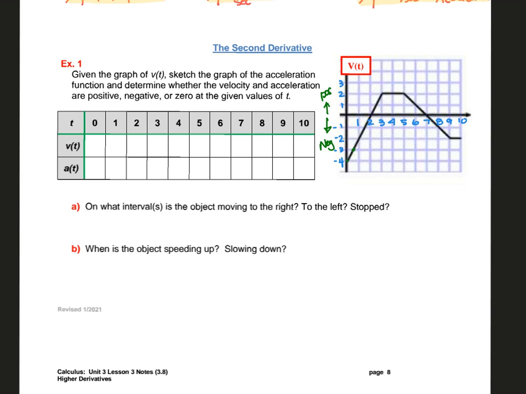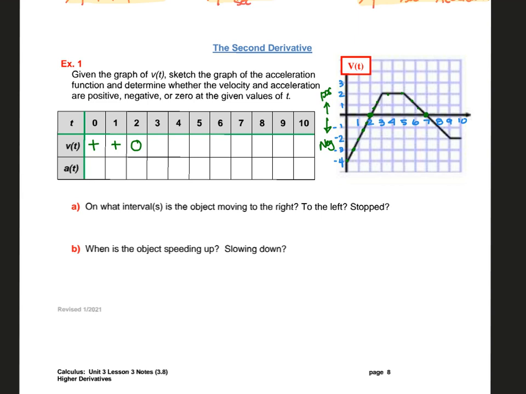When we look at these first values, up until we get to 2, we have positive values. And then at 2, it's negative, which is this spot right here. And then it becomes positive until we get to 7. Sorry, I said that wrong.